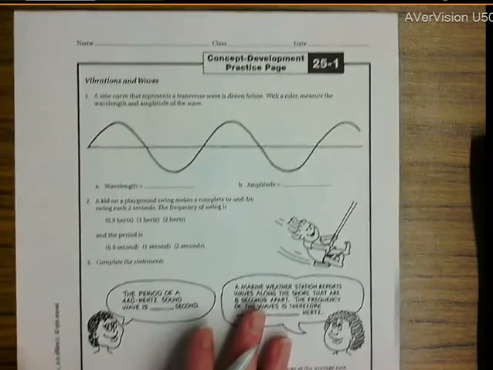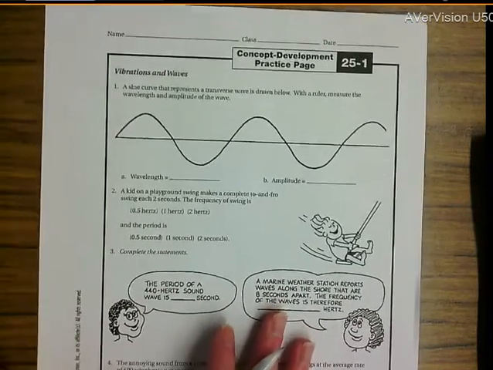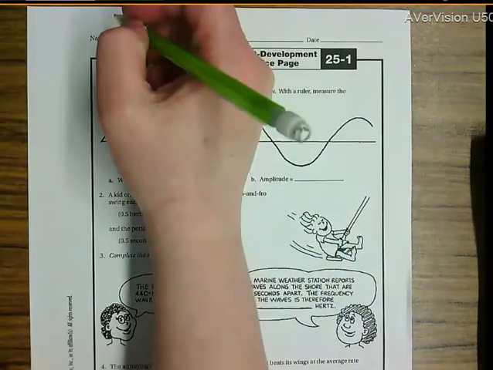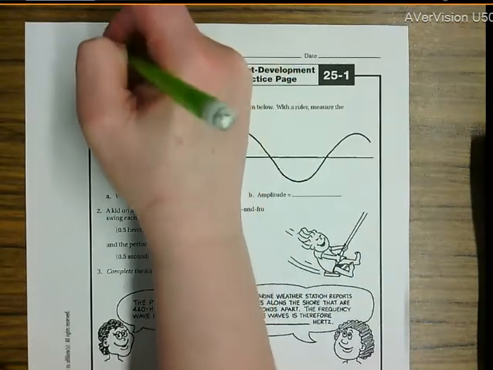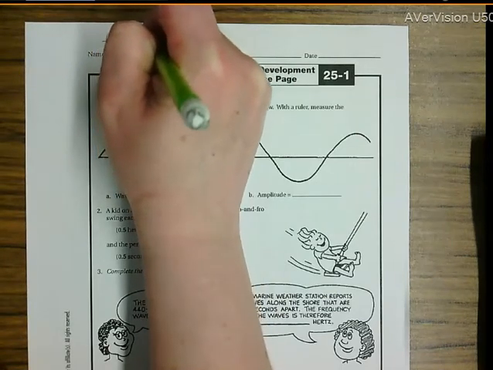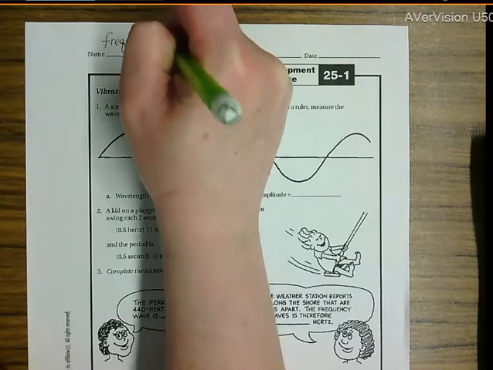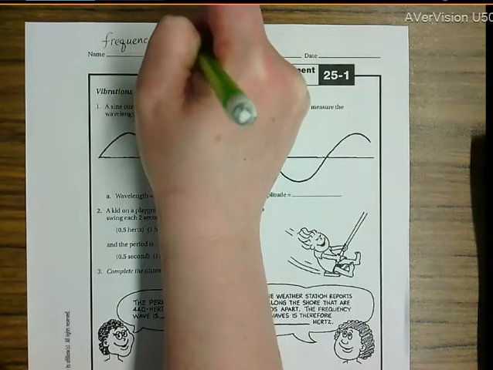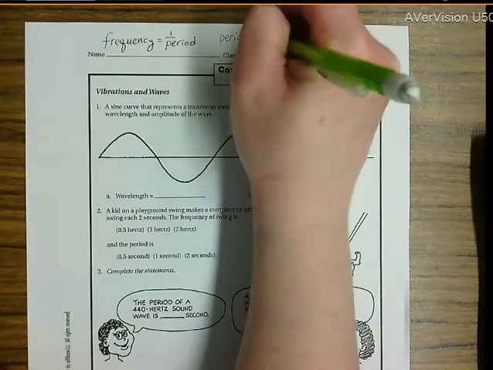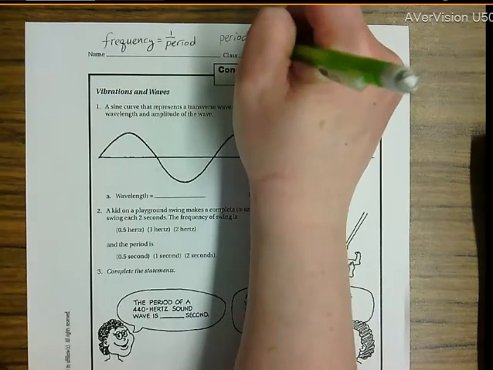Remember some of the equations that we have in this unit or in this chapter include that our frequency equals 1 over our period, and our period equals the inverse of our frequency.